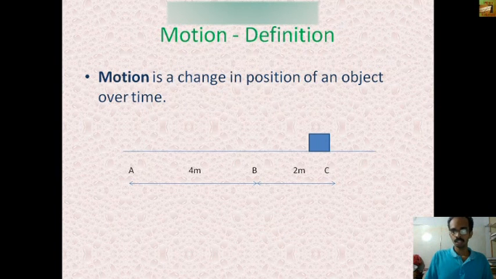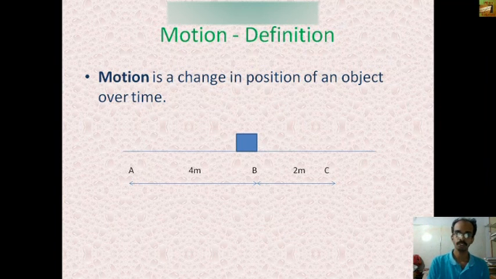After this C, if the body moves to B, now the position of this body is 4 meters from A or 2 meters from C. So the position of a body can be ascertained by giving a reference point and the direction of the body from the reference point.